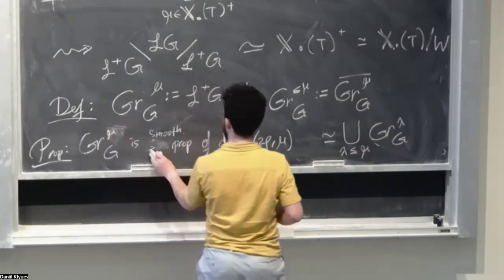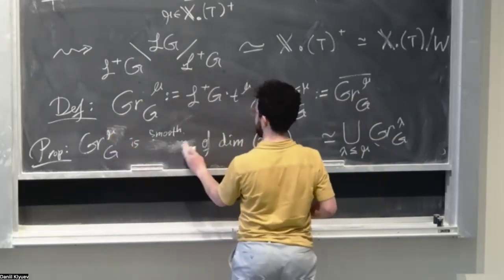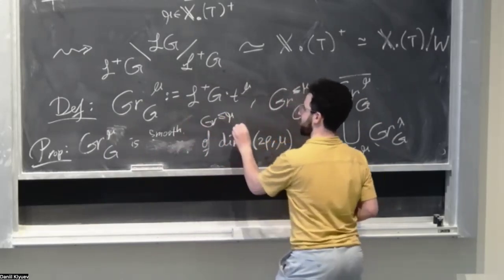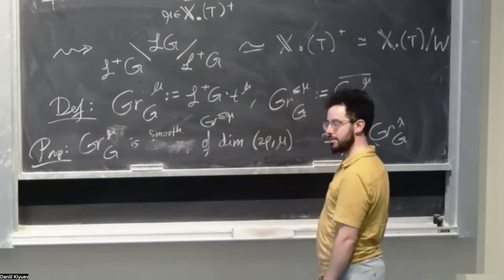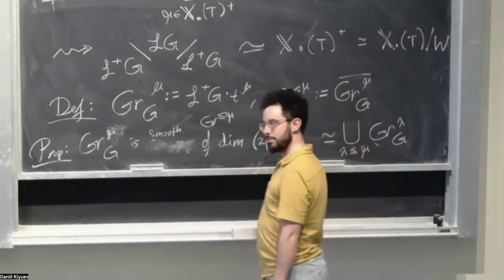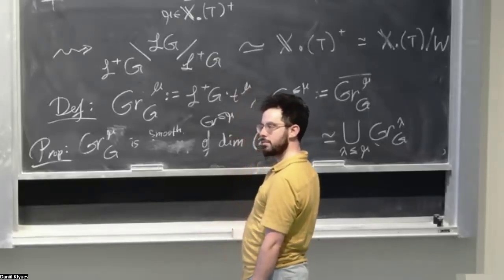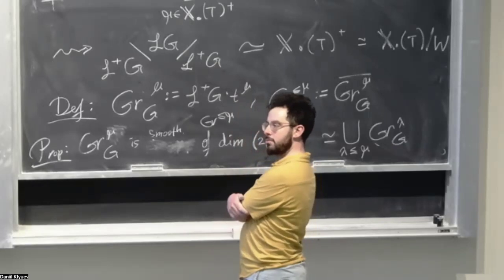So let's say that this is smooth. I think GR SL2 is a P1 bundle over P1 plus a point at infinity, and this point at infinity is GR0, which makes it smooth. Like it's a projective cone over some variety.